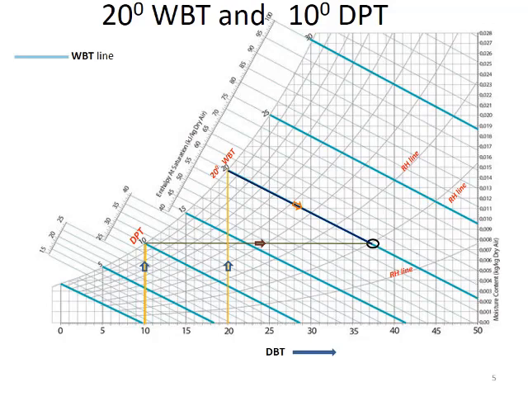Keep it in your mind. Then that 10 becomes DPT. Suppose if you are moving along the WBT line, then that 10 degree becomes WBT. So that is how you have to understand clearly. Now you have located the point, fine. Now it is very easy to find out the other property values of air at this condition.